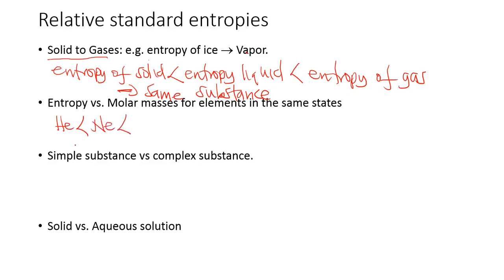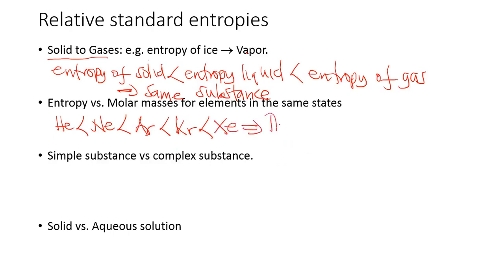These are noble gases. We see neon has higher mass than helium. Less than the entropy of argon, less than the entropy of krypton, and less than the entropy of xenon.